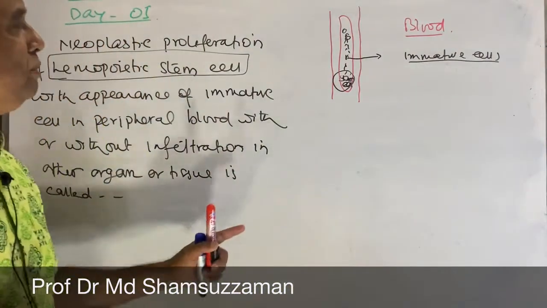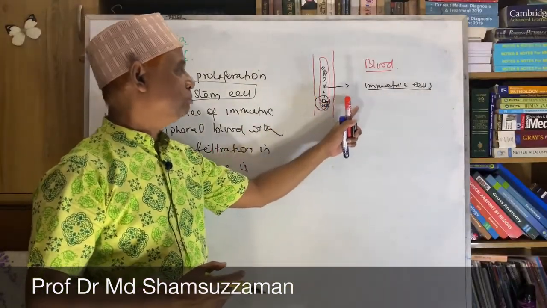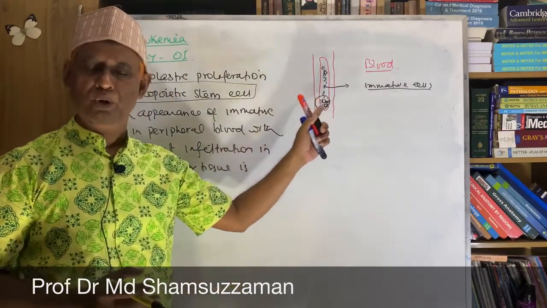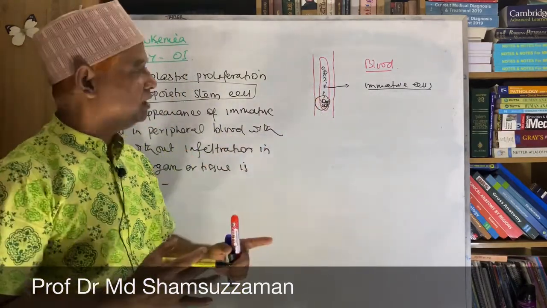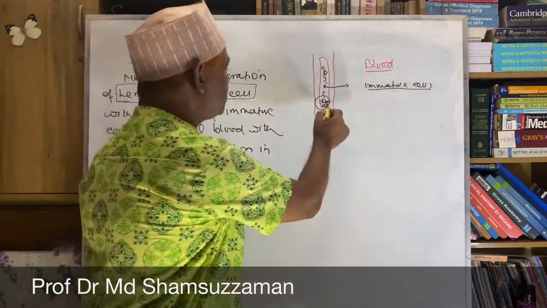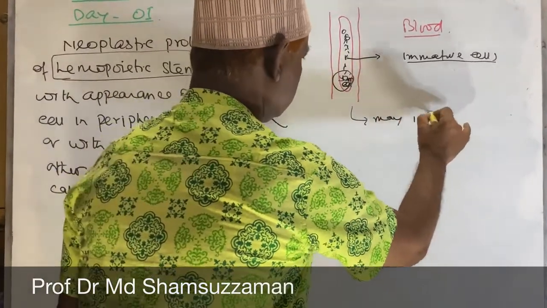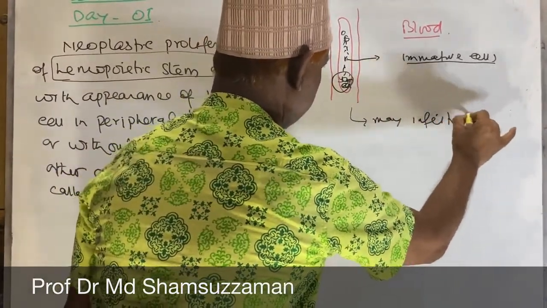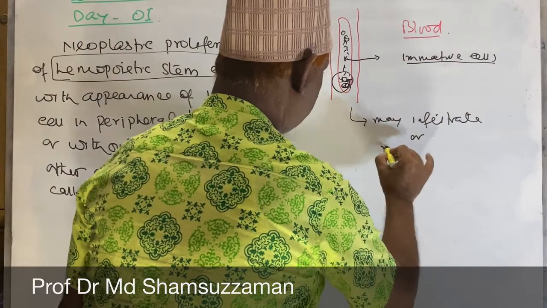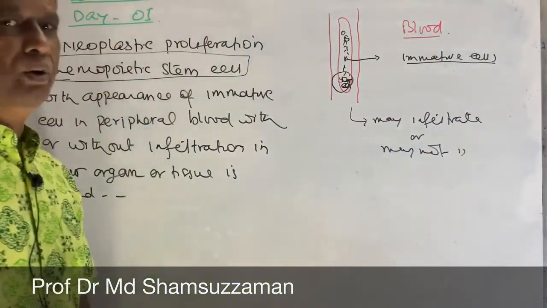And this immature cell that comes from bone marrow in blood, or that remains within the bone marrow, is called leukemic cell. So we will get leukemic cell in peripheral blood, and this leukemic cell may or may not infiltrate other organ or tissue.